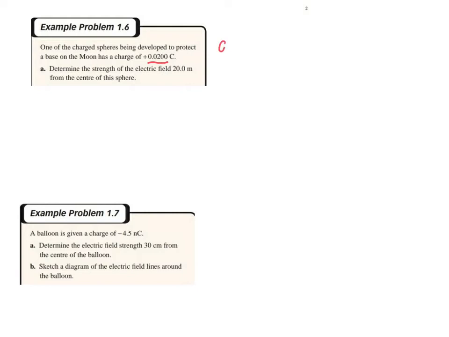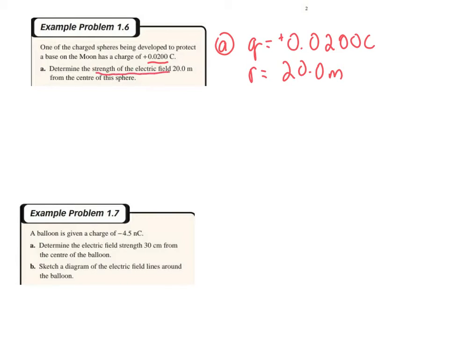So for A then, which is the only one we're doing here, Q is going to equal 0.0200 coulombs. That is positive. We'll just put that in for right now. And we also have the fact that R is equal to 20.0 meters. And we are supposed to be solving for the strength of the electric field.